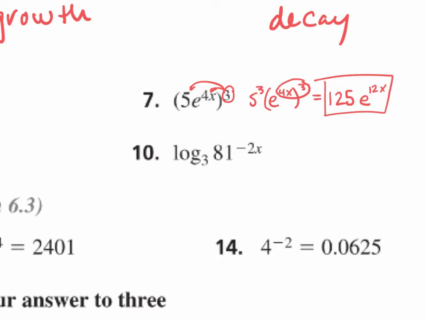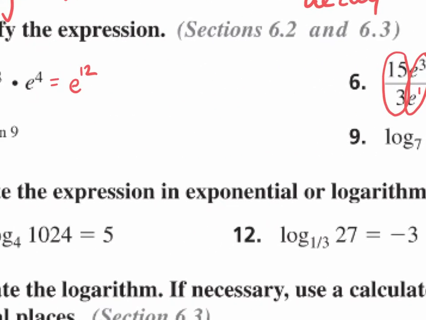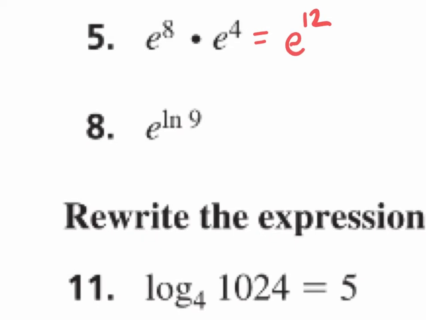Awesome. Let's look at 8. What do we do here? How do we simplify? The e and ln cross out.